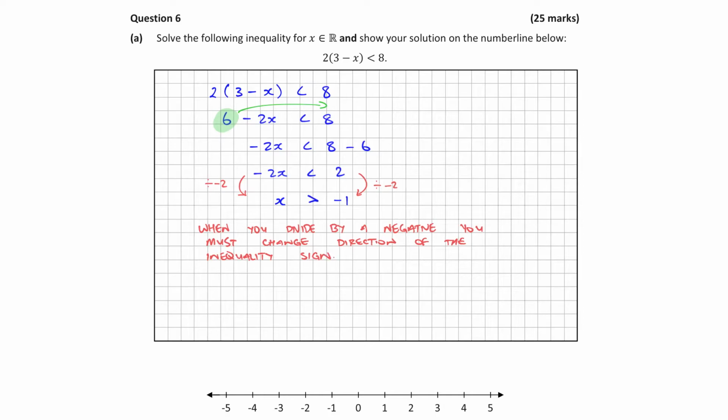Okay, so that is that. So x is going to be more than negative 1.